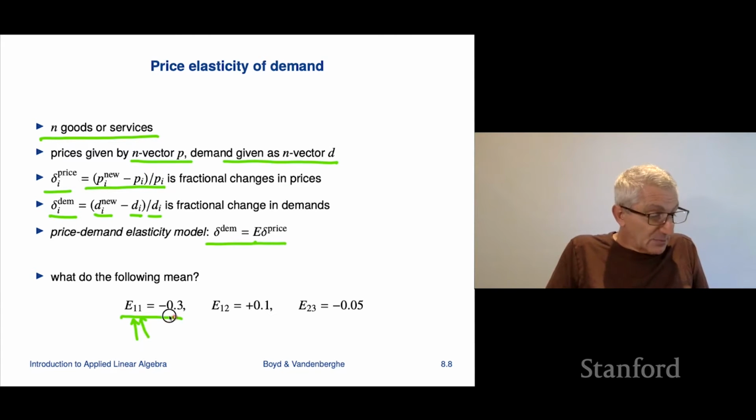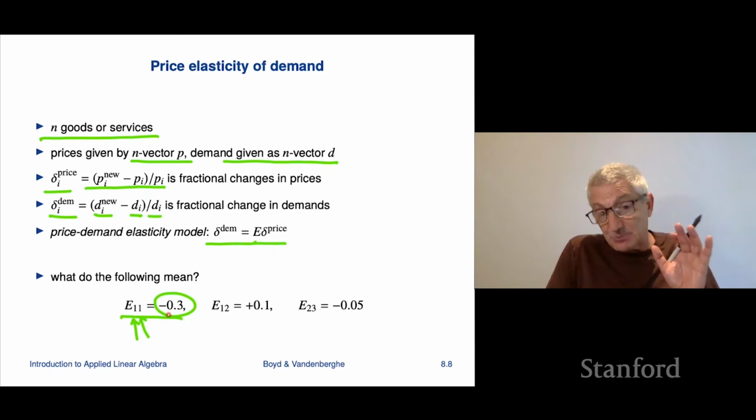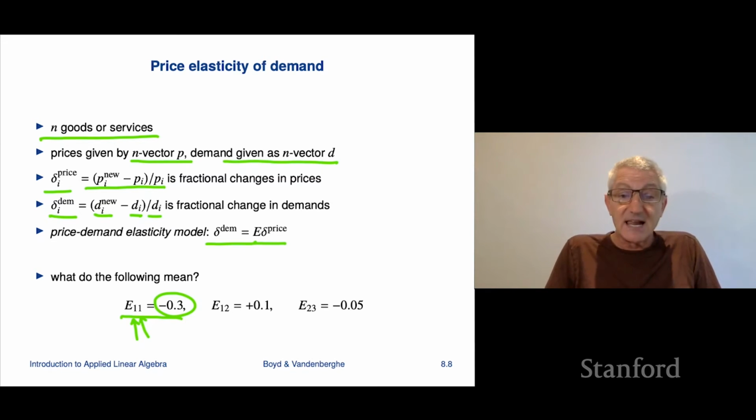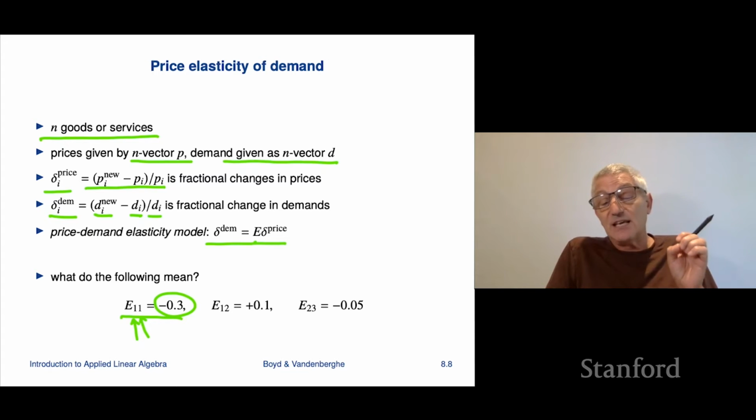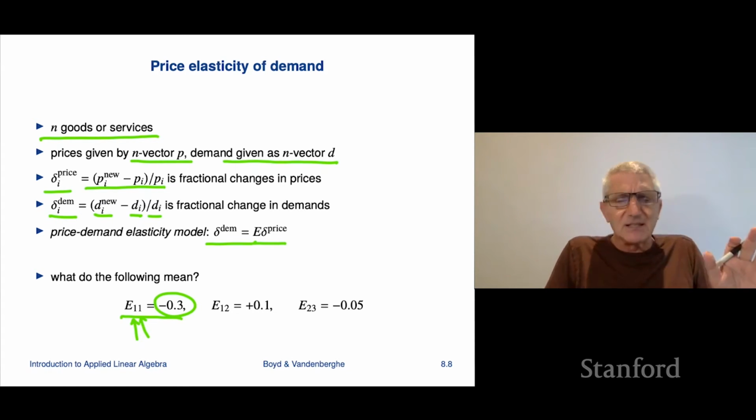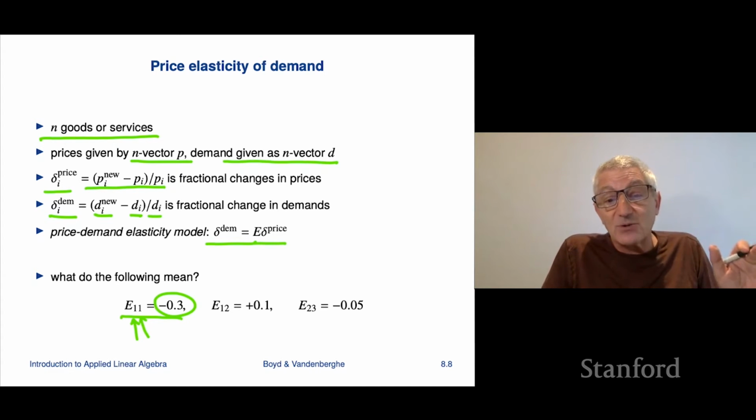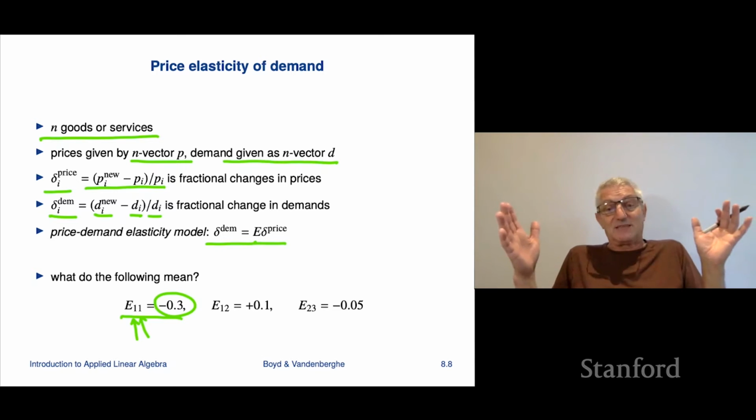And this says minus 0.3, and so this is a very specific conclusion. This says if we increase the price for item 1 by 10%, our model, the price-demand elasticity model, predicts that the demand will go down by 0.3%. Okay, so that's what it says.